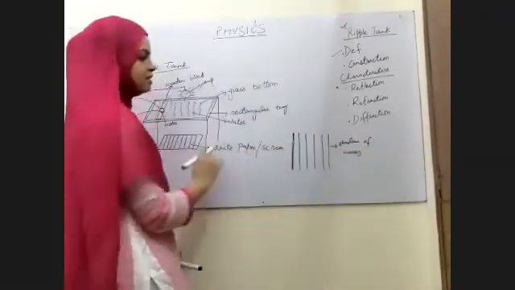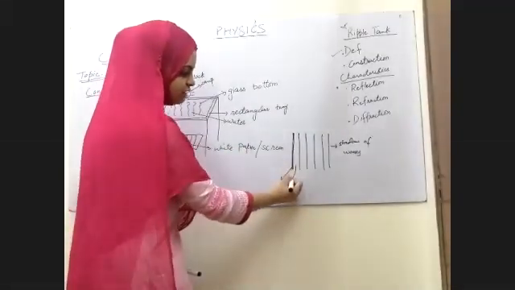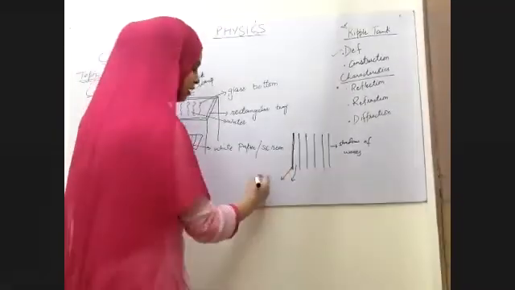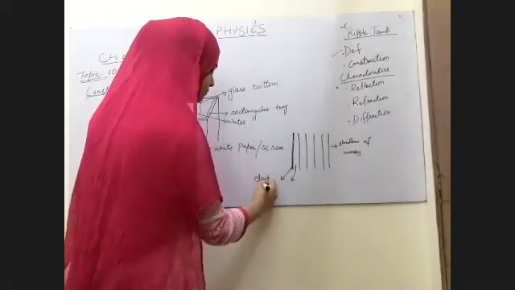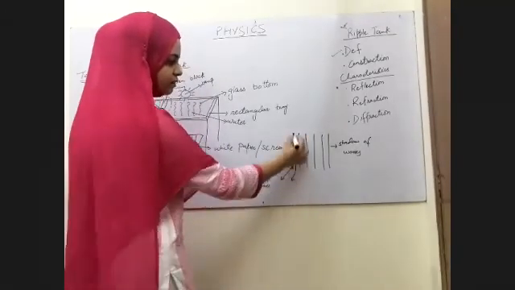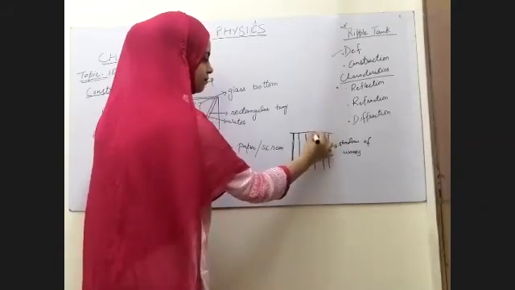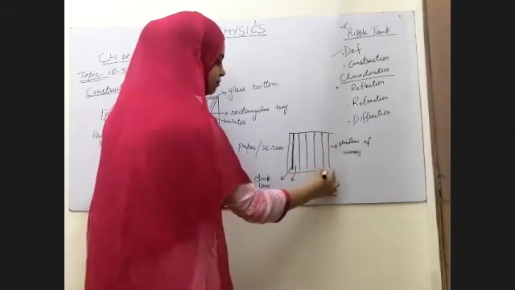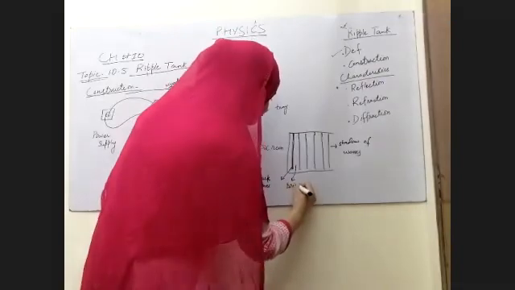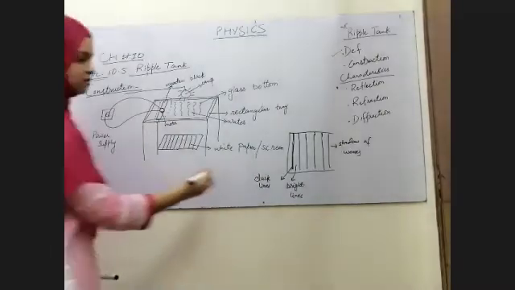So here we will see that there are two types, these black lines and the white part. These black lines are the dark lines, and this white part, this is paper. These white parts are the bright lines.